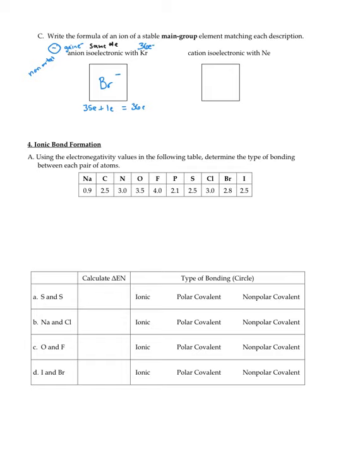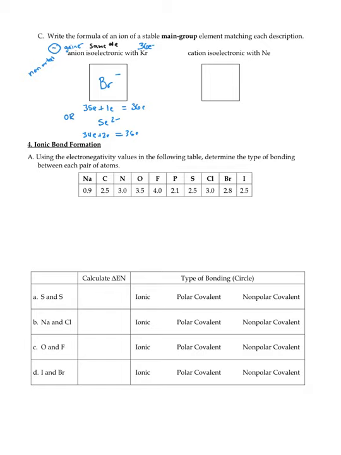If you're adding electrons, you're getting a negative charge, again, because electrons have a negative charge themselves. Another possibility would be selenium. So selenium starts off with 34 electrons. If you want it to have 36 electrons, it's going to have to gain 2 electrons and become a 2- ion. Both of those are isoelectronic with krypton.